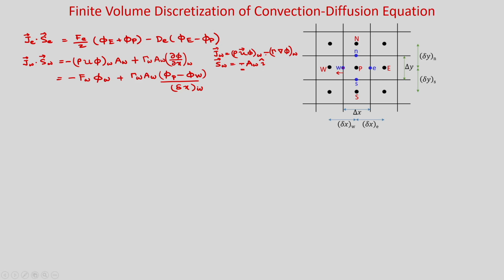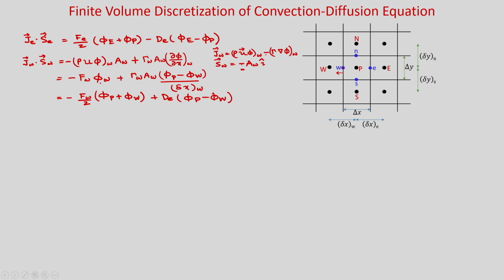Okay. So, now we rearrange it. So, you will get F_w, we will take the central difference convection scheme, so minus F_w by 2, the average of phi_P plus phi_W, so it is phi_P plus phi_W, and this is your plus d_w times phi_P minus phi_W.